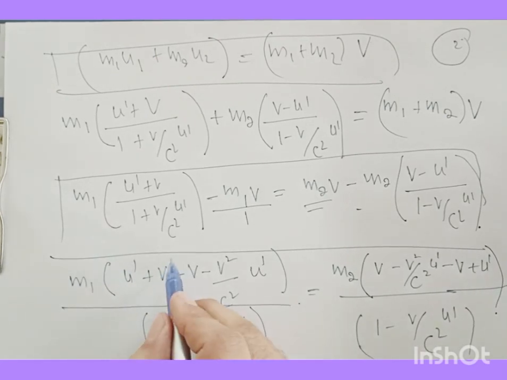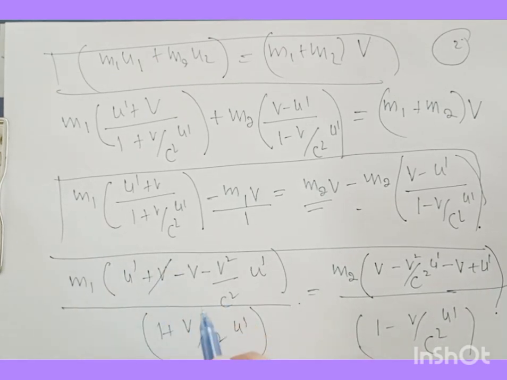We can see here this plus v and minus v is going to cancel, and in a similar way this plus v and minus v is going to cancel here.